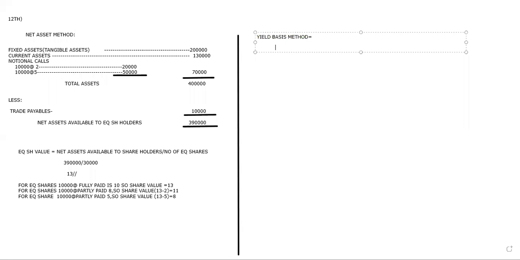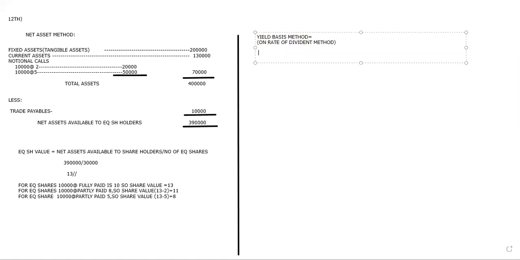The rate of dividend. So, on the rate of dividend method.